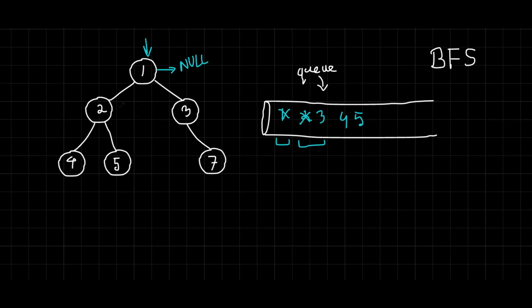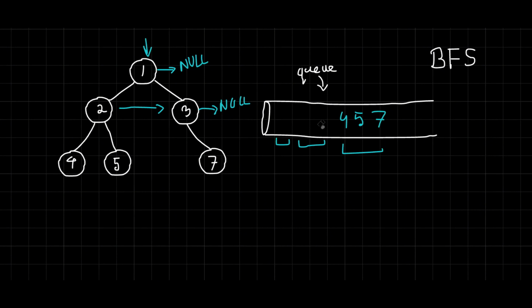Now, the next pointer of 2 will be connected to 3, which is the front element of the queue. Now, currently our front element is 3. Is this 3 the last element of its level? Yes, it is. So 3 will be connected to null. Now, 3 has a child 7, so we have to insert it into the queue.